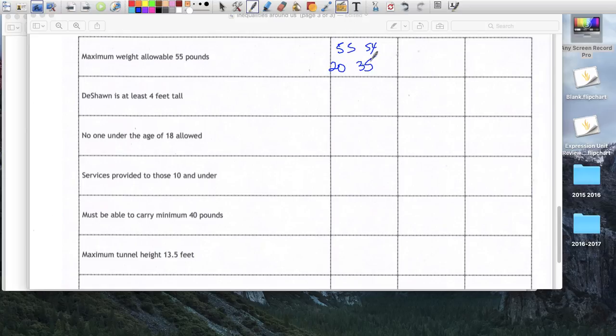So your weight compared to 55 has to be less than 55, and for this one, it can also be equal to 55. Number line, 55, 56, 54. So the weight of your luggage can be 55, which is okay, and anything lower. Anything above that, they'll probably charge you an extra fee.